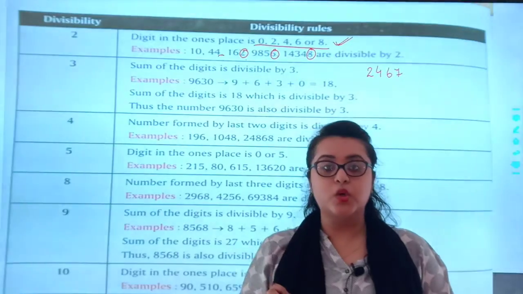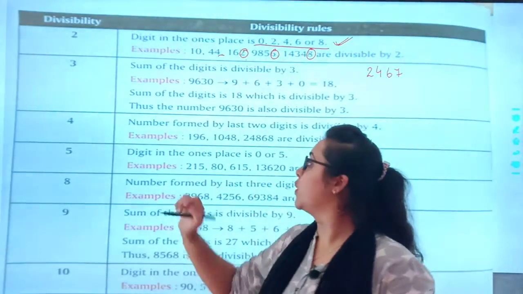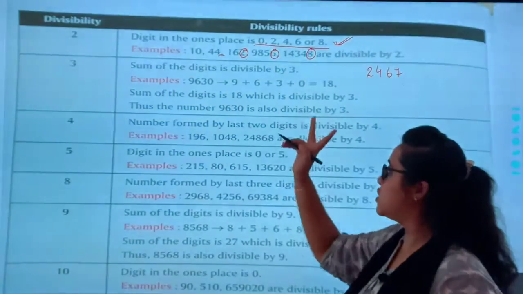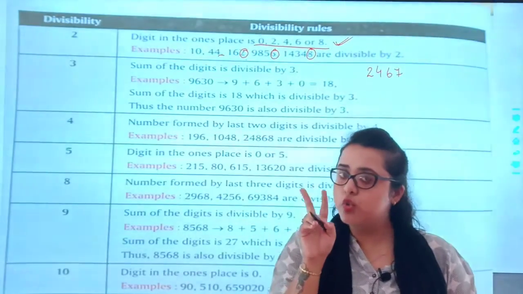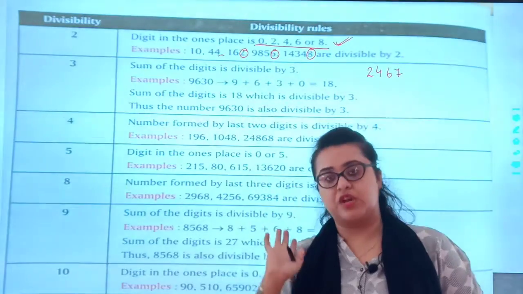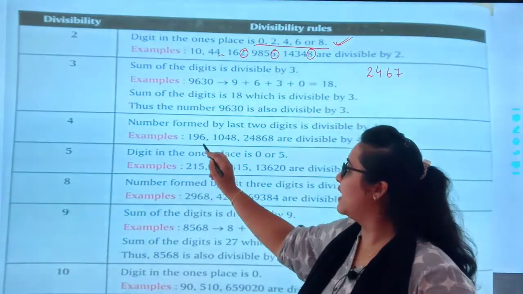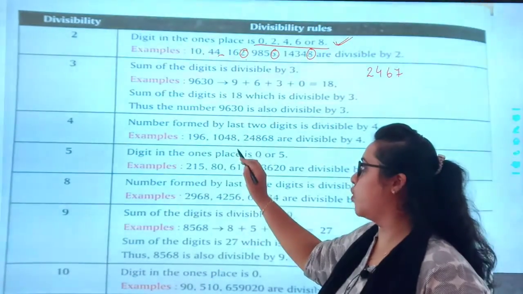Now we will have a look at the divisibility of 4. The number formed by the last 2 digits is divisible by 4. The last 2 digits should be divisible by 4. For example 196, 1048.